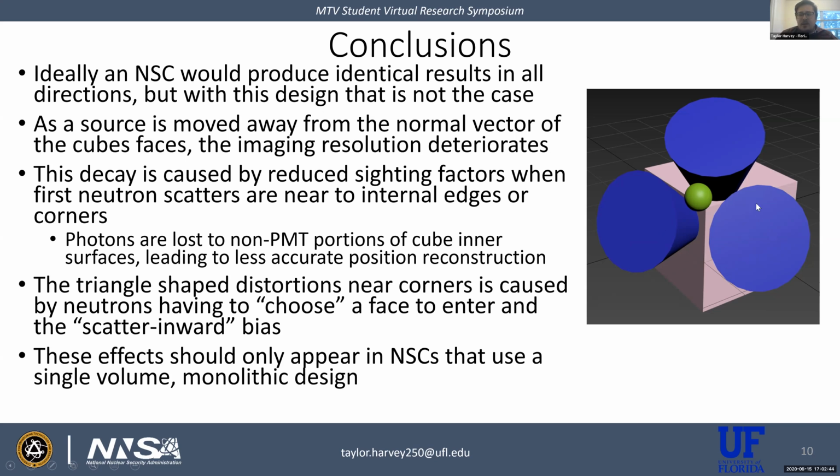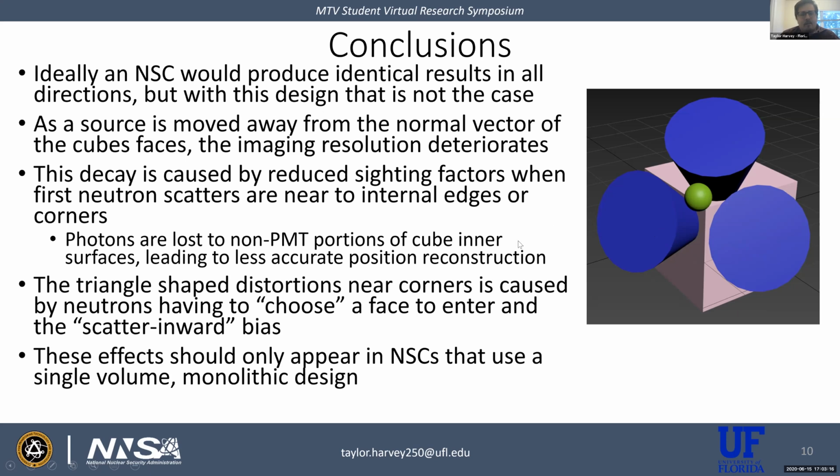Anywhere a neutron enters the detector from one of these faces, you're going to see more or less the same light from the 4 surrounding PMTs. Whereas if a neutron enters around a corner, you're going to lose a lot of the light in the polar direction from the 2 Z PMTs when the first scatter and the second scatter happen close to these corners. And you see both of these directions decay when you move in the polar direction as well.